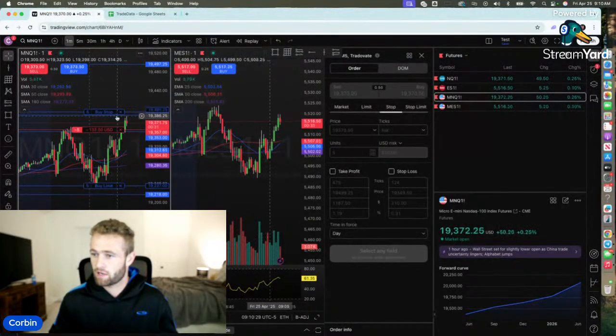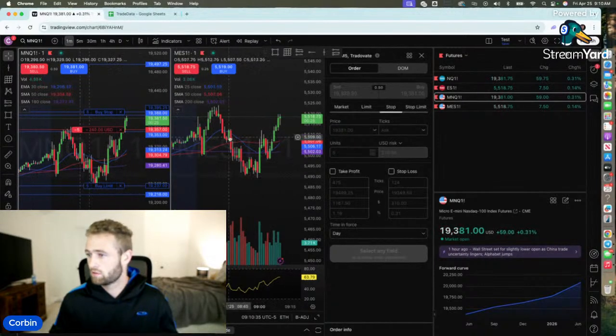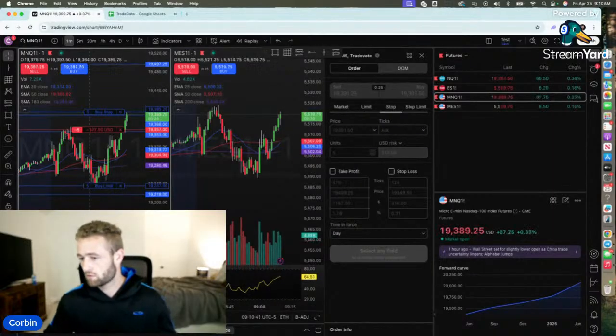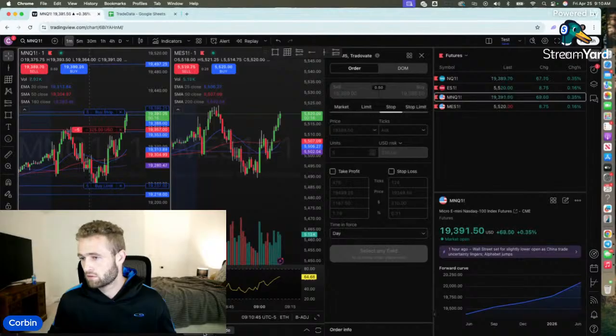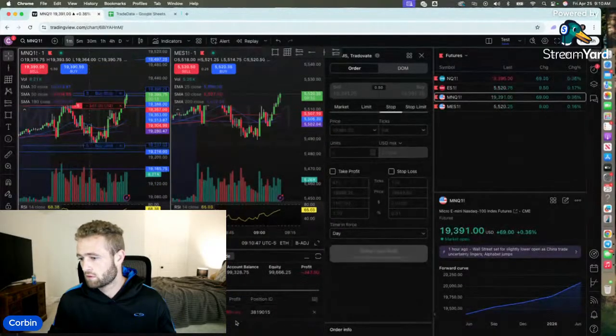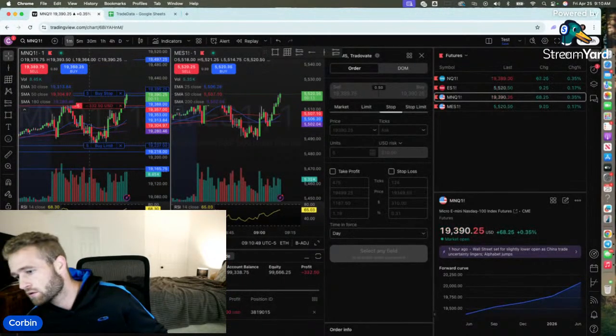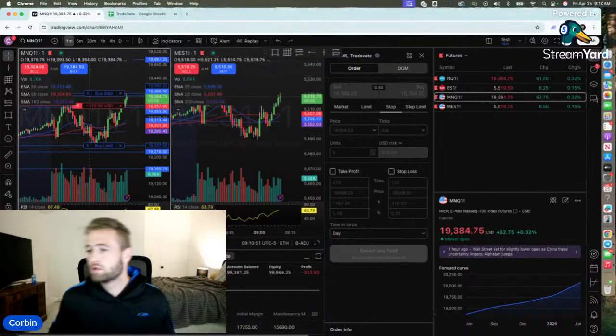Could get stopped out. If we get stopped out, there could be one more position that we could enter, but it looks like we're going to get stopped out right here. And that puts us down, let's see, 618.